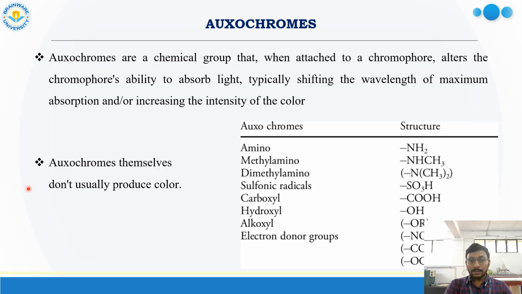And remember, the oxochromes usually themselves don't have color, so the color is coming from the chromophore. But if we add oxochromes to the chromophore, it alters the lambda max value, that is the absorption maxima value, and also it may change the intensity of the color.